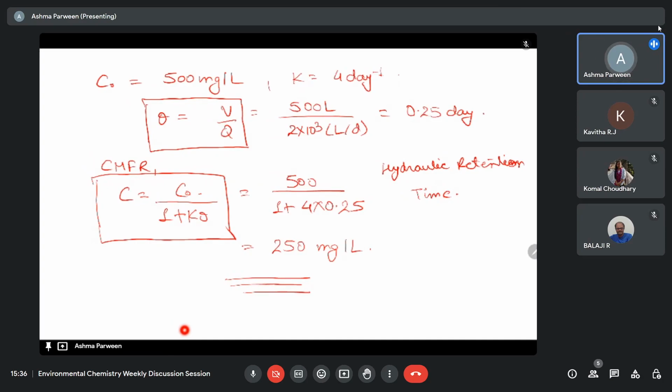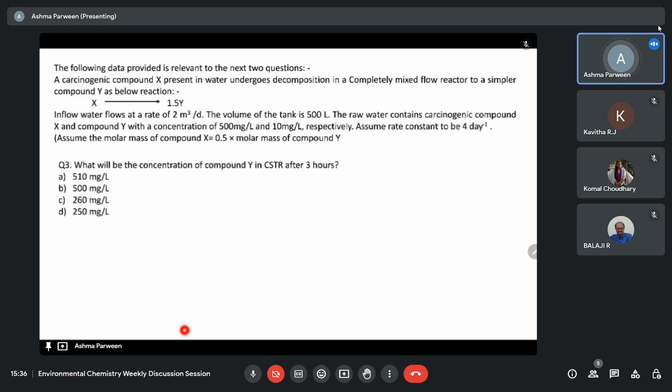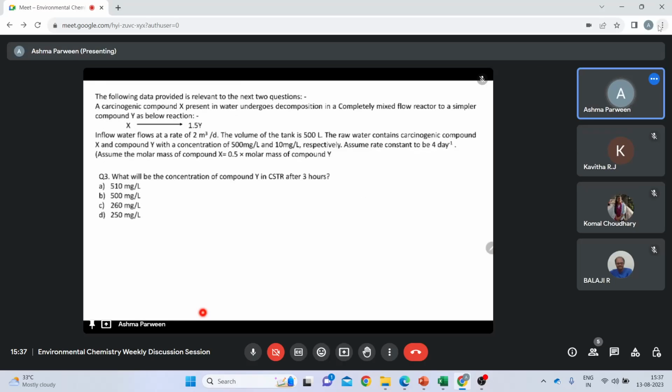So let's move to the next question. For question number 3 also the data is common and we have to find out the concentration of compound Y in CSTR after 3 hours. Let me check whether it was CSTR or CMFR.